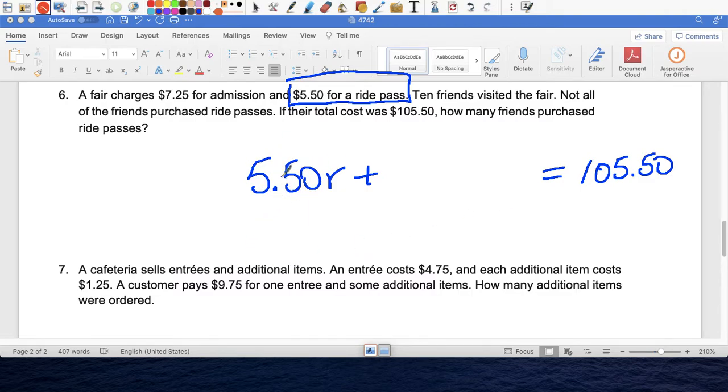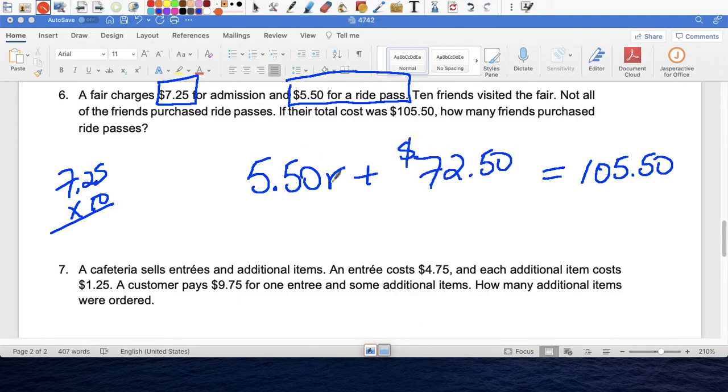So whoever decided to buy the ride pass spent $5.50, but not everybody took the ride pass. But one thing's for sure, everybody who got in there paid $7.25. So there were 10 people, so $7.25 times 10. And we know that $72.50 was spent on just getting in.